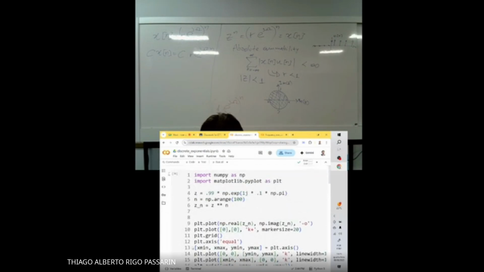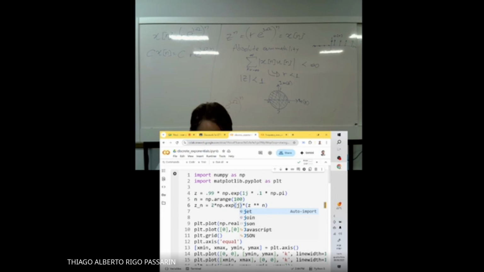Now I will multiply the whole function by some constant. Say 2 times np dot exp of 1j times 45 degrees. 45 is pi by 4, right?